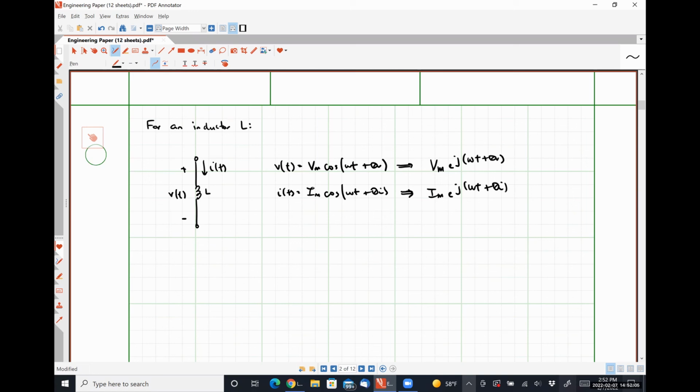So what's the relationship between voltage and current in an inductor? And let's stick with the derivative-based relationships because I don't like integrals. Anybody remember this? Okay. V of t is equal to L di by dt. Everybody agree with Carter? I know I do.